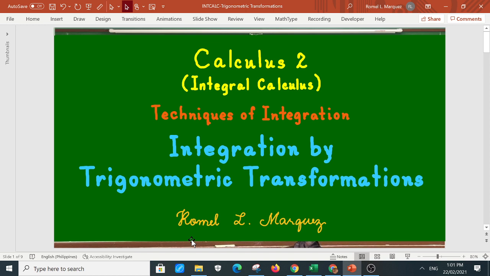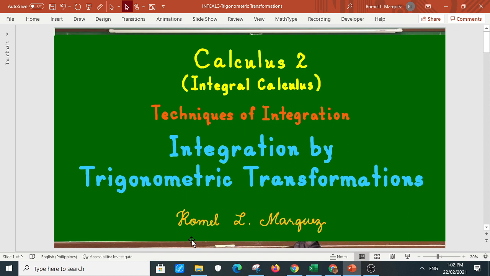In order to apply this technique, certain combinations of trigonometric functions must be properly transformed by using appropriate trigonometric identities.